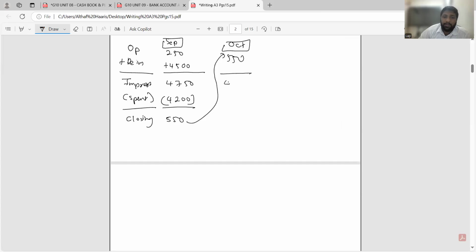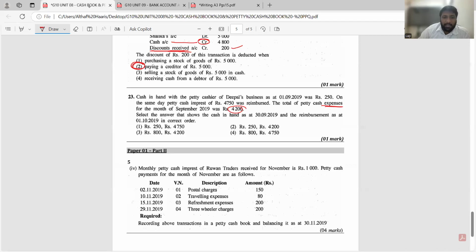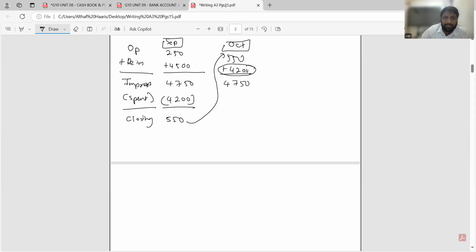Again, to take it back to 4,750, how much should be reimbursed? 4,200 should be reimbursed. It should be one of these two, so these two options are out. And the petty cash closing balance they are asking, how much is it? 550.